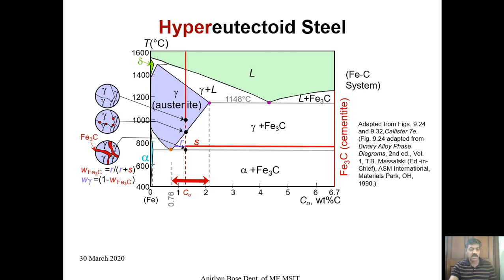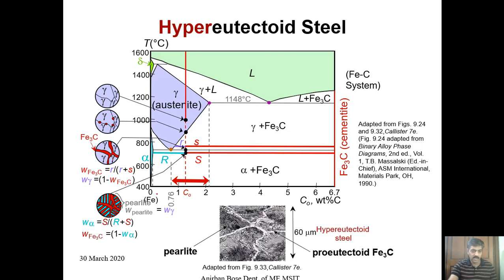So if you go further down, what will happen? This austenite will undergo the eutectoid reaction and form pearlite. So this will be the final structure where the pro-eutectoid phase is cementite.